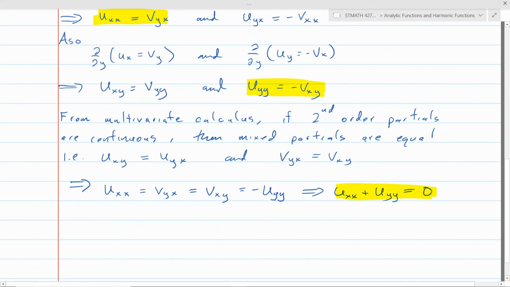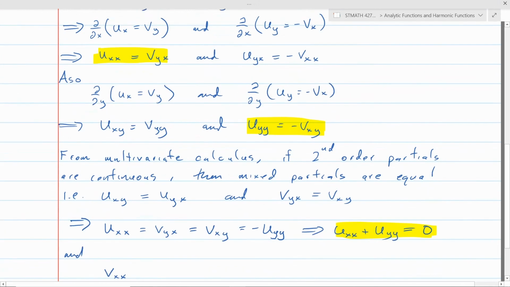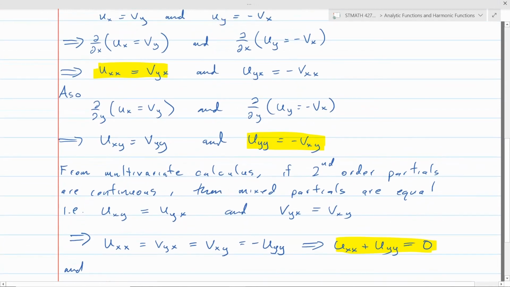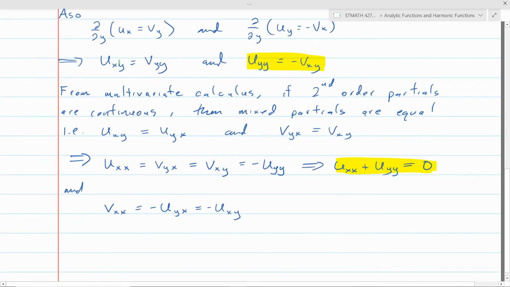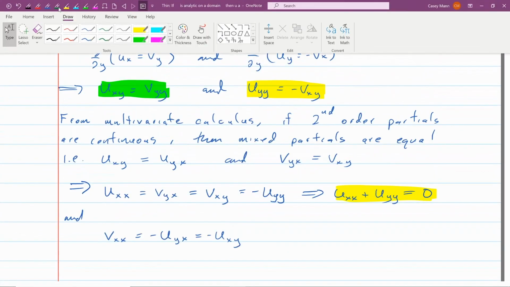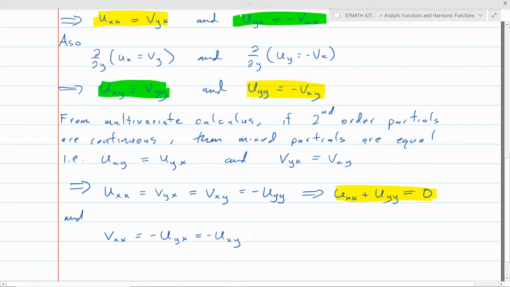We can do the same thing for v. If we look at v_xx, there's an equation that involves v_xx right here. I'll do it in green. I know v_xx is equal to negative u_yx, but mixed partials are equal to one another, so that's the same as negative u_xy. I see u_xy right here. So negative u_xy is equal to negative v_yy.